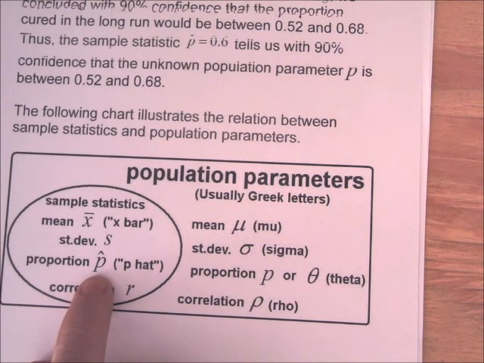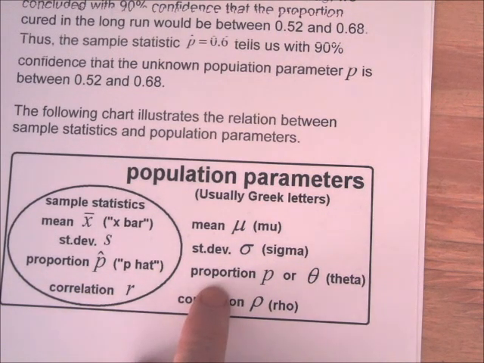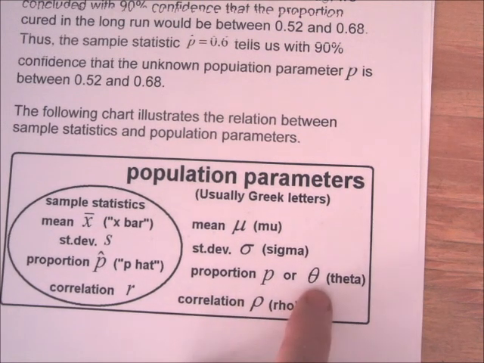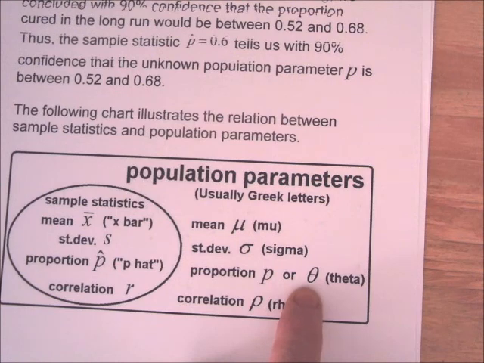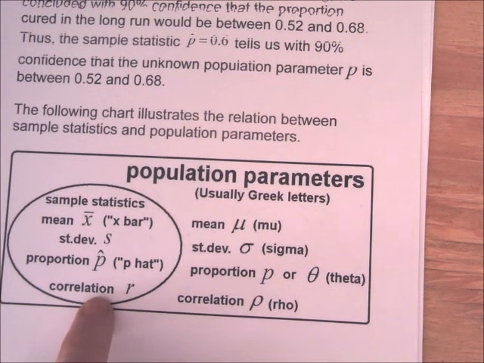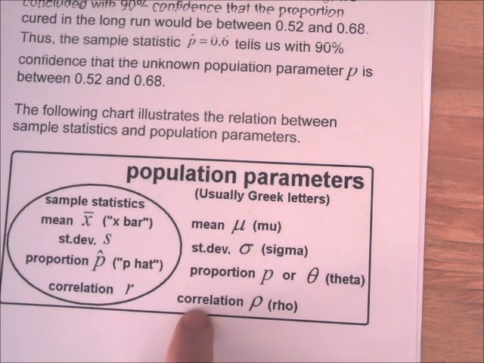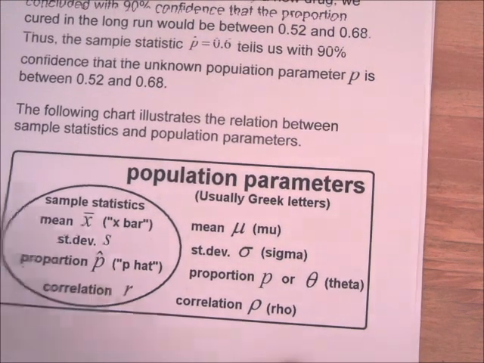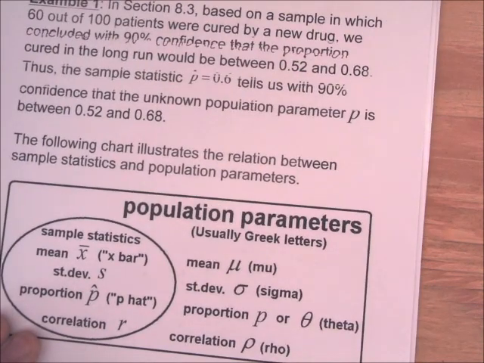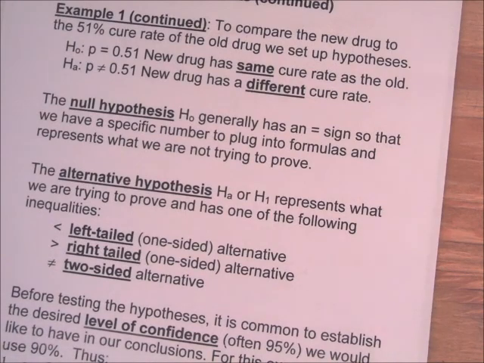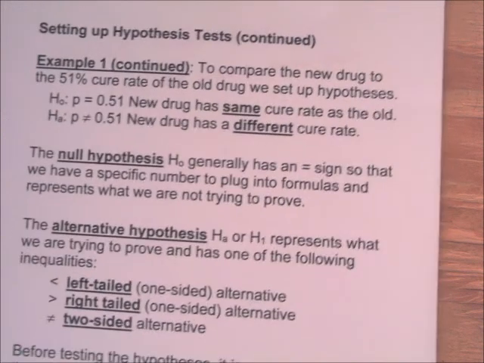The sample proportion p hat is an estimate for the unknown population proportion p, or in some texts they use theta, the Greek letter lowercase theta. The sample correlation r is an estimate for the population correlation rho, the Greek letter lowercase rho. So we're using data from the sample to make estimates about the population.